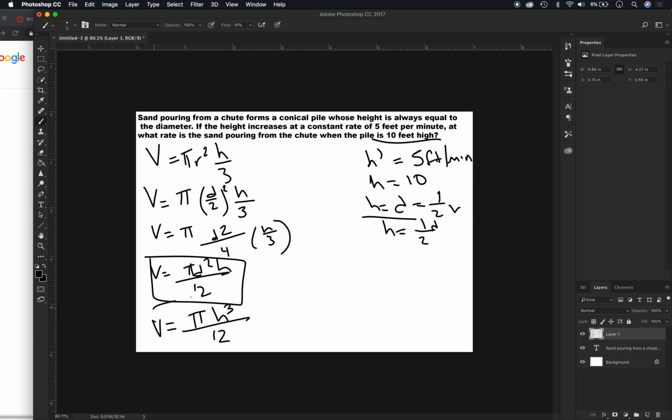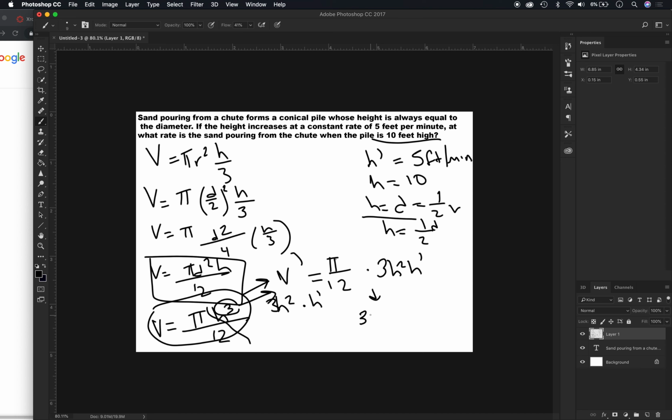But that's what they did. So then you're just going to take the derivative of this. So that's going to be v prime equals, you could take out this little stuff here, pi over 12 times the derivative of h cubed, which is 3h squared times h prime. 3h squared h prime. So you're going to have 3 pi h squared h prime over 12, which is v prime.